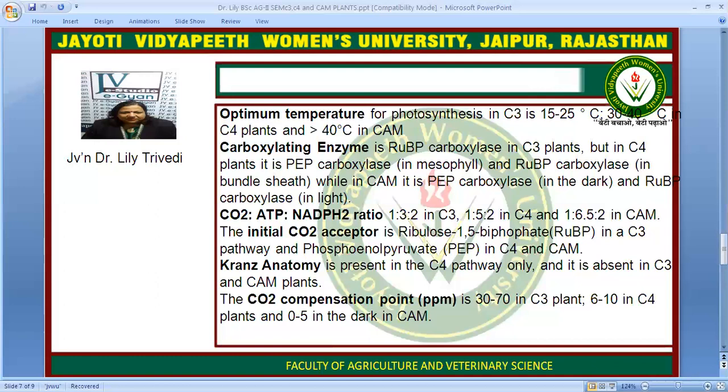Kranz anatomy is a special feature present in C4 plants only, but absent in C3 and CAM plants. The carbon dioxide compensation point is 30 to 70 in C3, 6 to 10 in C4, and 0 to 5 in the dark in CAM plants.